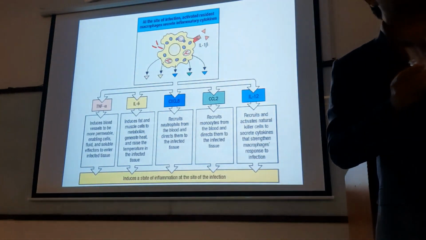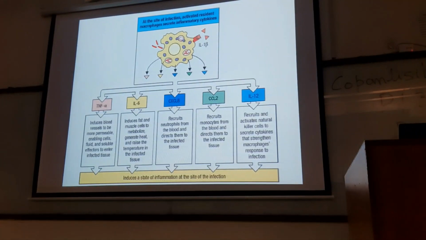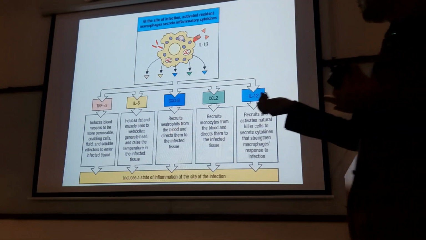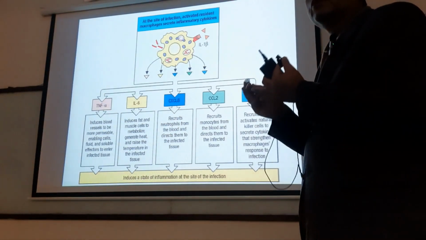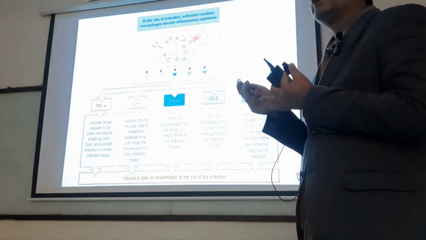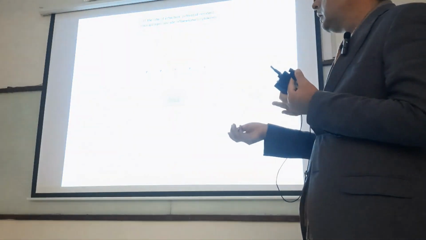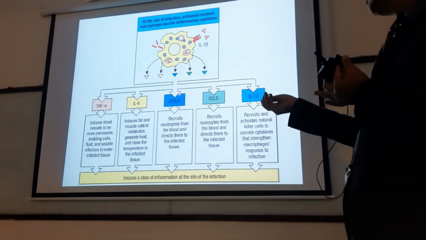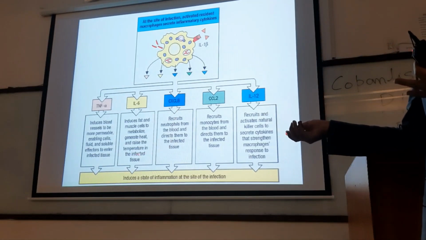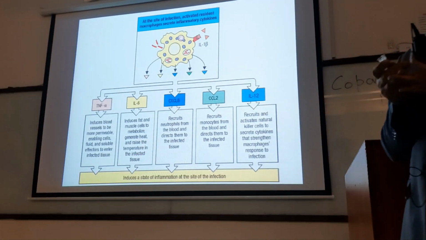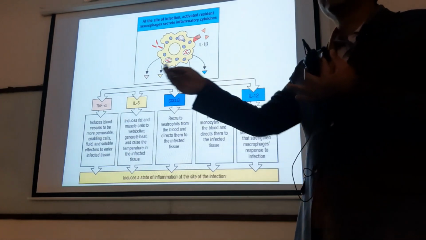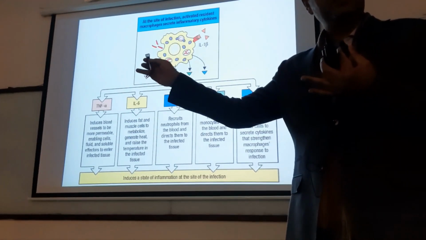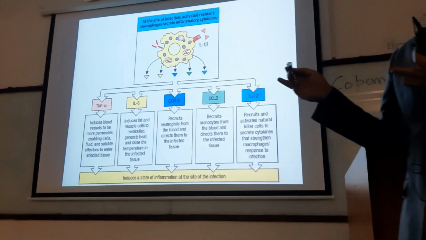It is going to make a gradient of this chemokine right from the infected tissues to where the source of the neutrophils is, and that is the blood circulation. The permeability of the vessel has been increased, the chemokine gradient has been built, so the neutrophils are going to follow that chemokine gradient from the blood vessels to the site of infection.